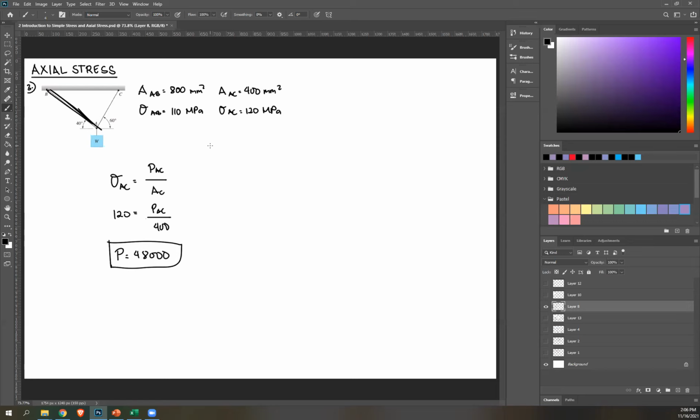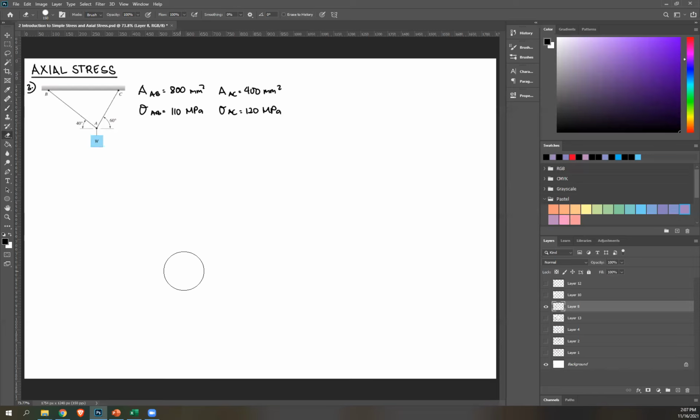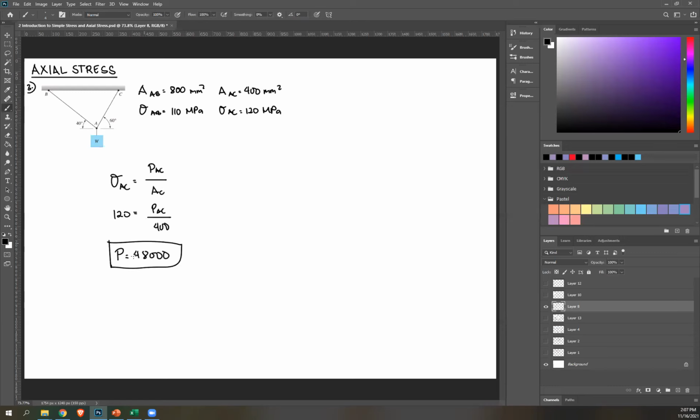What's actually happening is cables AB and AC both carry a portion of W. Neither cable is carrying the entire load, so the actual load it can carry could be greater or less than this. It depends on how much each cable will carry.